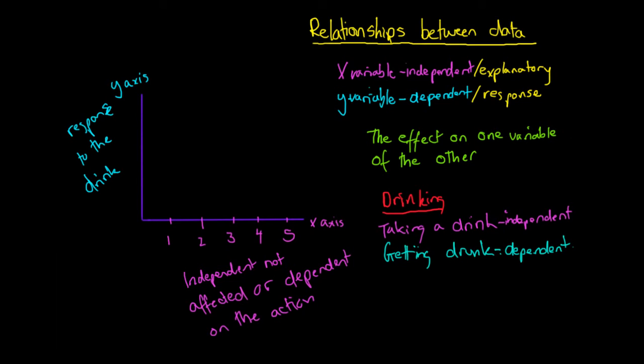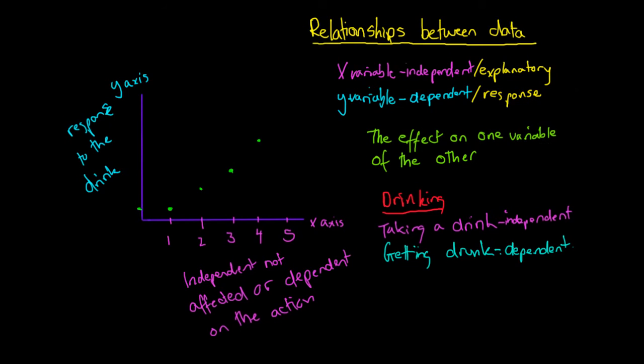So say we begin, we go to a party and we have one drink. We're probably going to get a little bit drunk, right? So as we increase our independent variable by 1, we'll have a response in the dependent variable. So this getting drunk depends on how many drinks you've had. If we have 2 drinks, we're going to expect to be more drunk. 3 drinks, we expect to be even more drunk. 4 drinks, even more drunk.